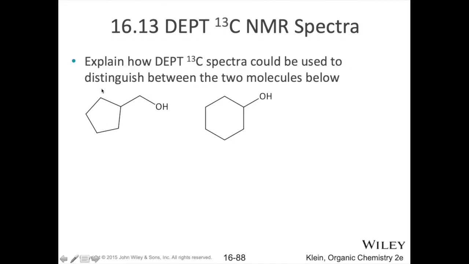So on our molecule over here, this is a CH2, so methylene, methylene, methylene, methylene, and then a methylene over here with our methine over here. Whereas for this molecule, these 5 carbons are CH2s, and this is our carbon with only 1 hydrogen coming off of it. So what's the difference there?